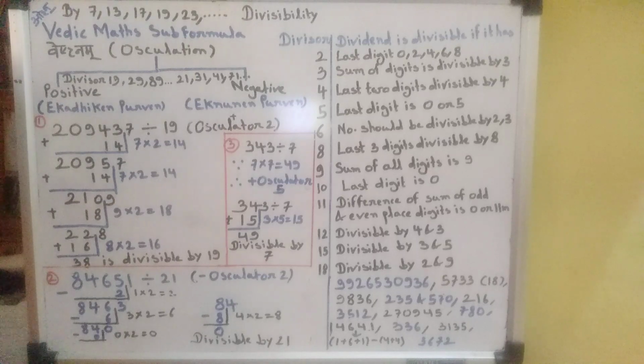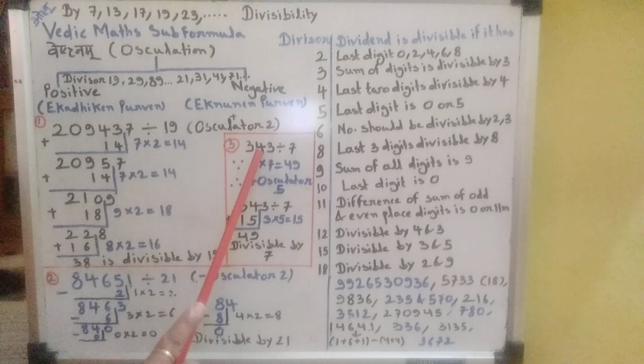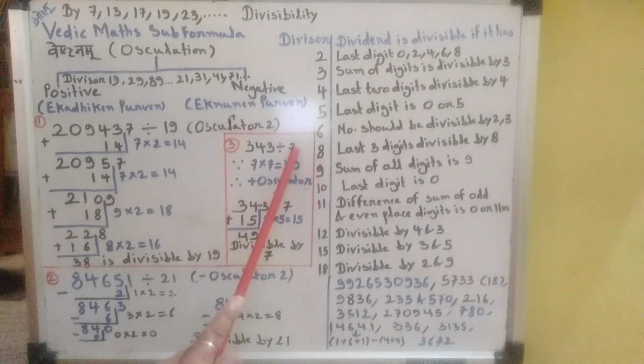For the osculator of a number that does not end in 9 but ends in 1, 3 or 7, we multiply it by 9, 3 or 7 respectively to convert it to a number which ends in 9, and then compute the osculator. For example, to test the divisibility of 343 by 7, if we multiply 7 by 7, we get a number ending in 9, that is 49. The osculator of 49 is 4 plus 1, 5.